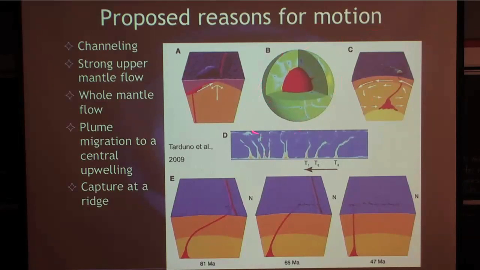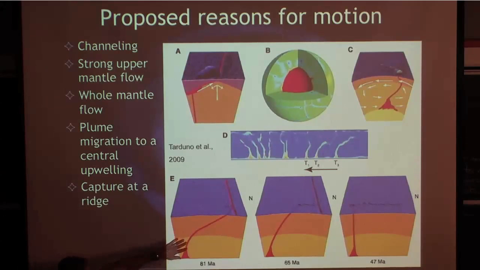They're basically trying to show that if you have very strong flow in the upper mantle, you may be able to deflect things around. You can have large-scale convection moving plumes around. I forget what this was. Oh, yes. If you have plumes essentially migrating through the mantle to sort of gather in the middle, that would end up moving the plume around.